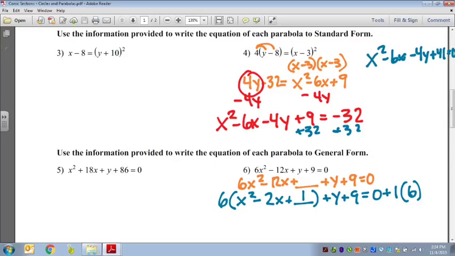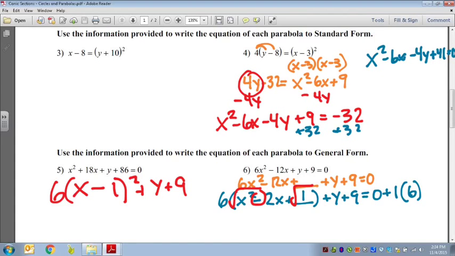Okay. Next thing we're going to do is we're going to write 6 parentheses. We're going to take the square root of x squared, which is x. Copy the sign, minus, square root of 1 is 1 squared. Okay. And then we still have y plus 9 equals 6.